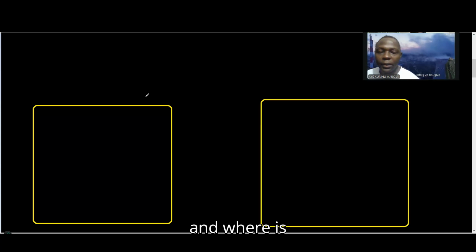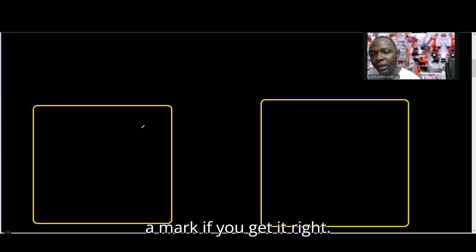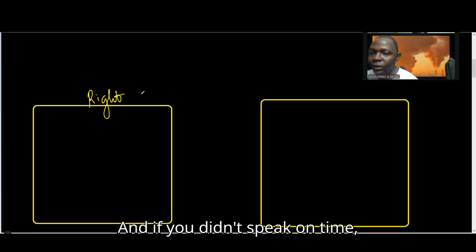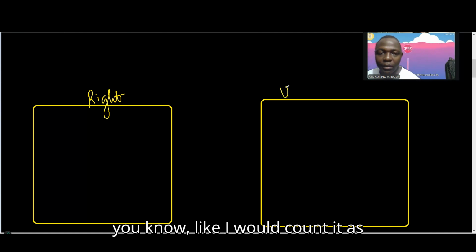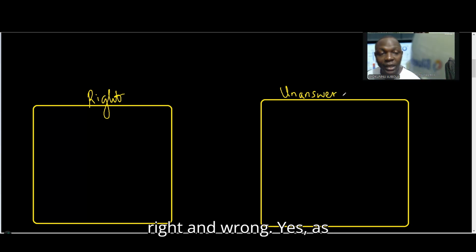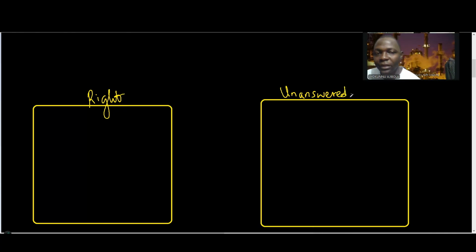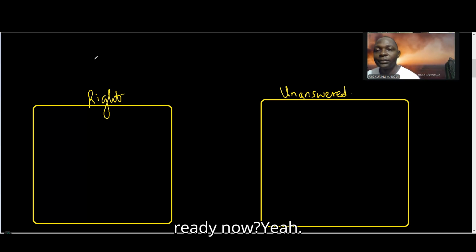In the first box, I'll put a mark if you get it right, and if you didn't speak on time, I'll count it as unanswered. So it's like right and wrong, and maybe unanswered. Okay. Are you ready now? Yeah.